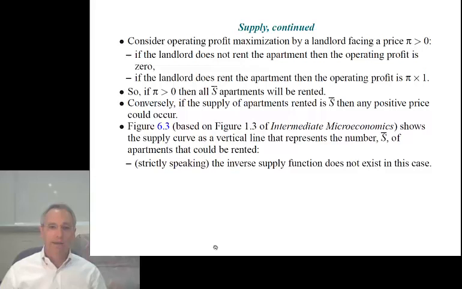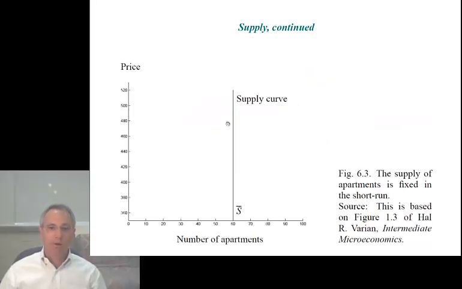Figure 6.3, which is again based on a Varian figure, shows the story by representing the supply as a vertical line that represents the number of apartments. The supply function exists, but strictly speaking, the inverse supply function doesn't exist in this case, but we have a supply curve.